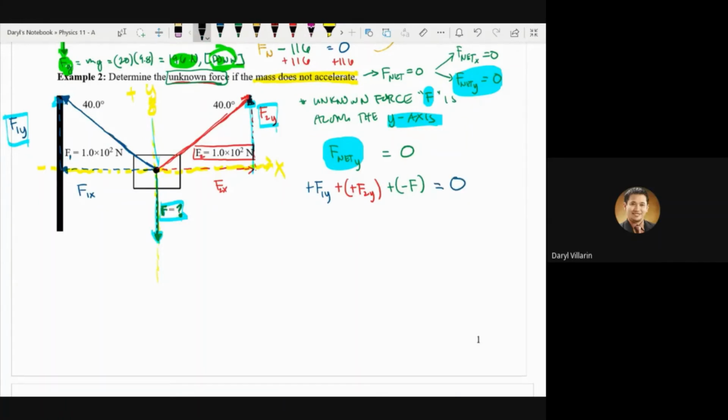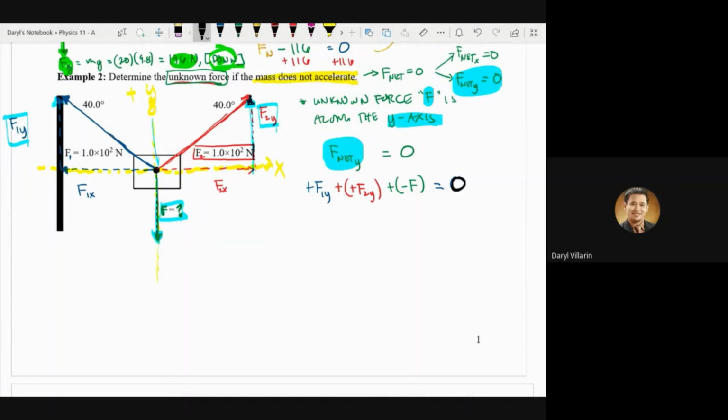So that means that the algebraic sum of F1y, F2y, plus the negative of F should give you 0. Now, if I'm going to solve for F, all I need to do is identify what would be my F1y and F2y.